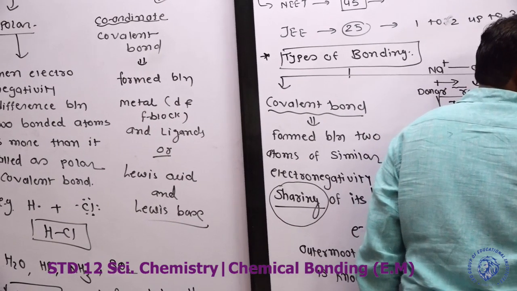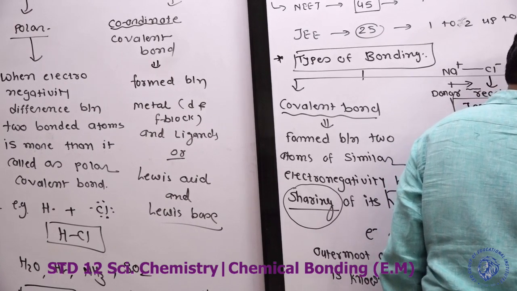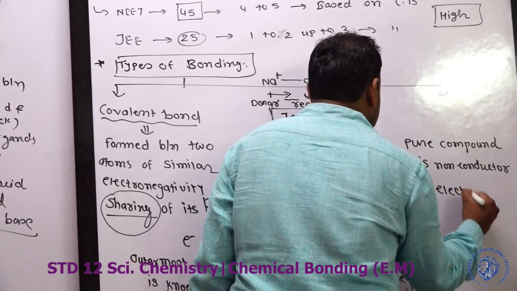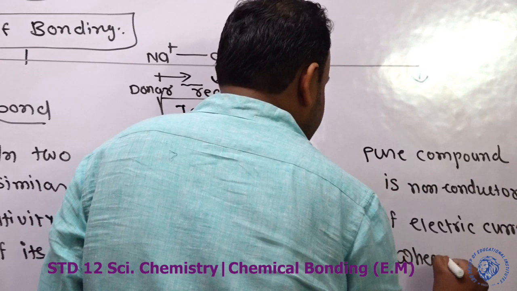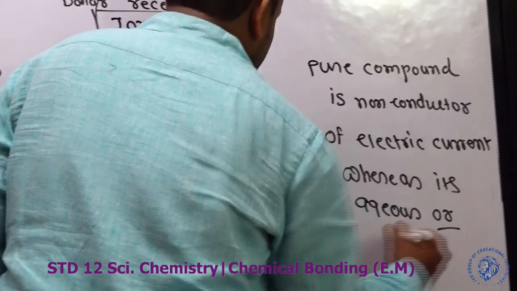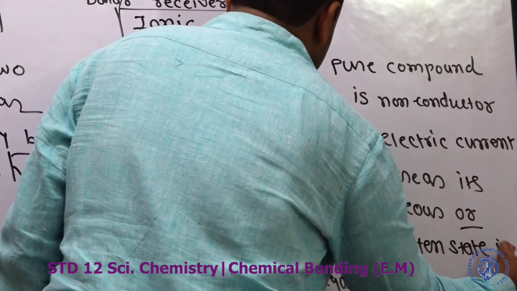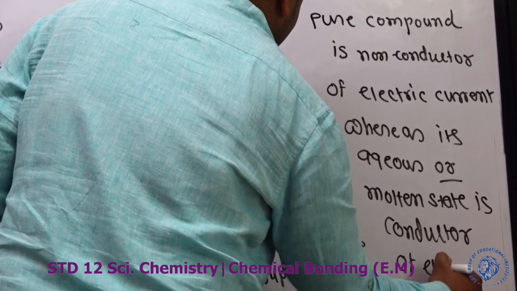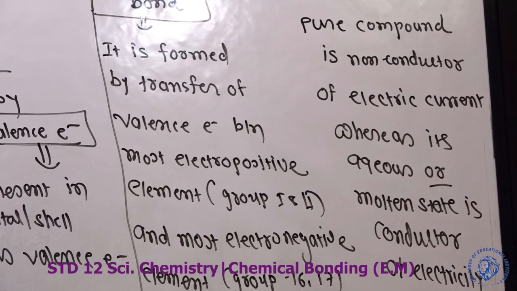Pure compound is a non-conductor of electric current, whereas in aqueous or molten state it is a conductor of electricity.